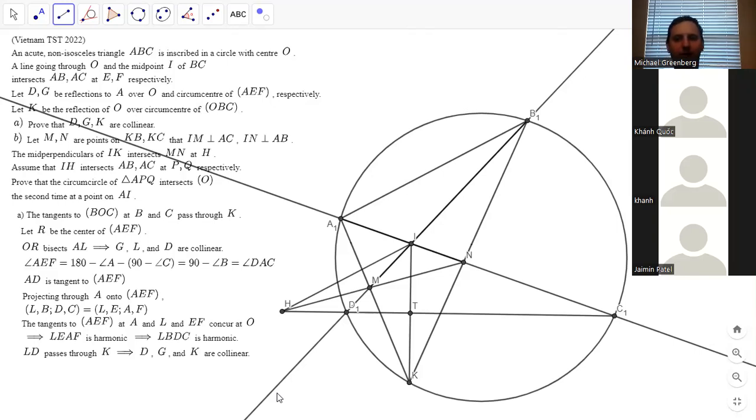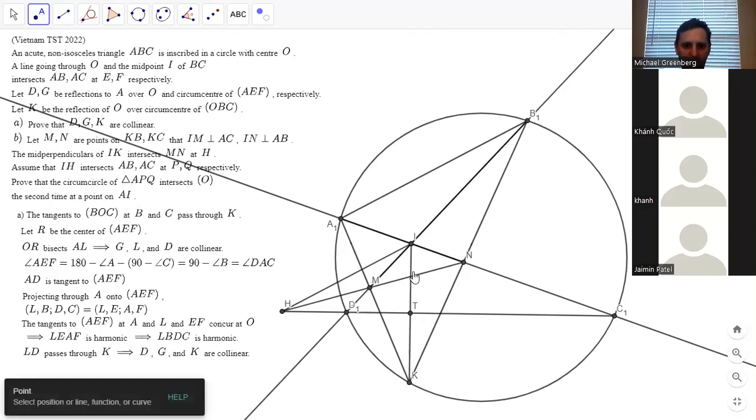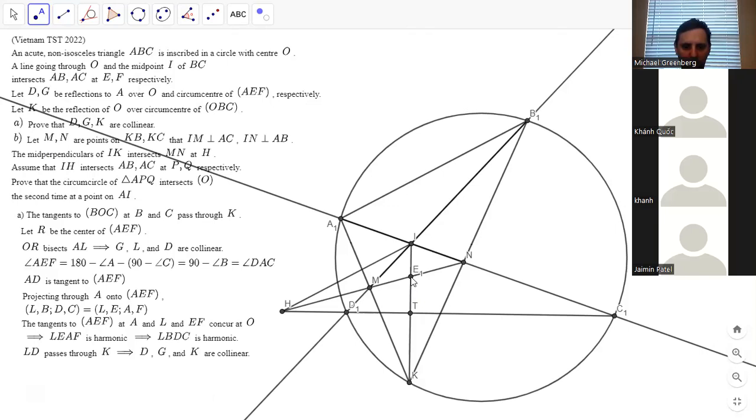Showing the parallel feels a little like projective geometry to me, but maybe there's another way to do it. I drew the points D1 and C1, so maybe we find a way to use Pascal or something. Or let's see, what if we look at these four points and project them through I onto HC1?